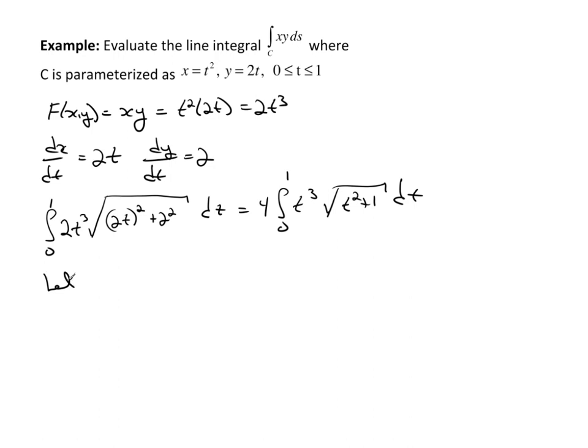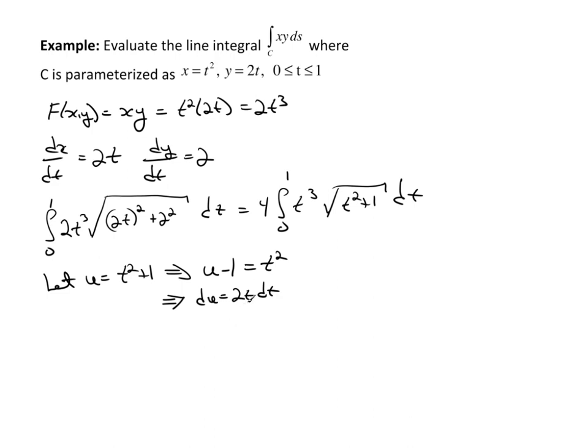So I'm going to let u equal t squared plus 1. Then notice here that u minus 1 is equal to t squared. But that also implies that du is equal to 2t dt.